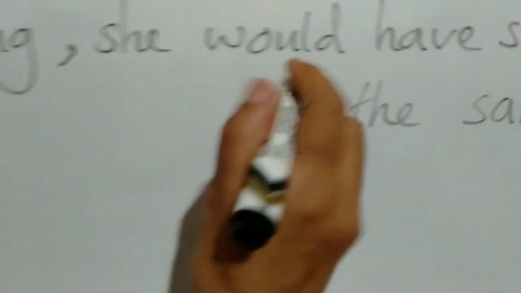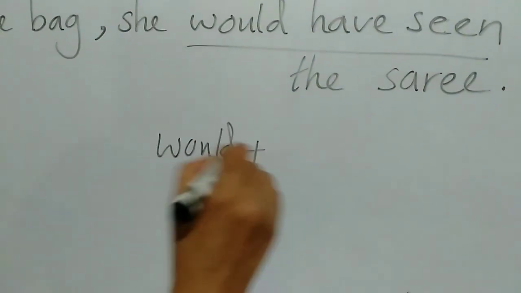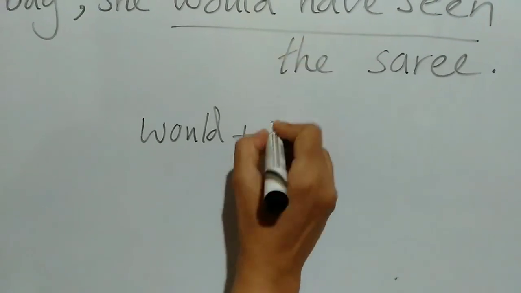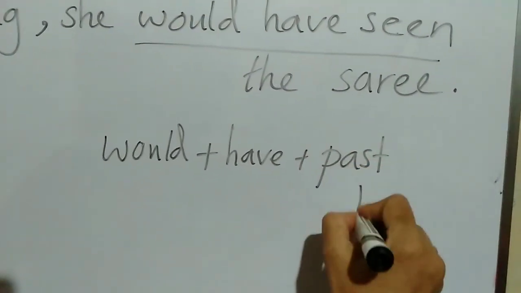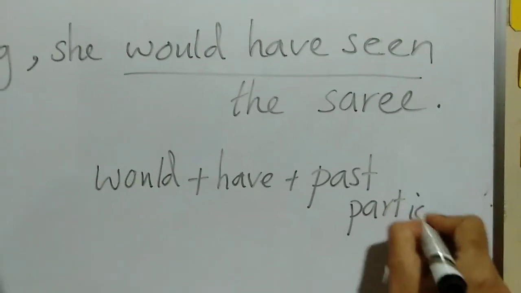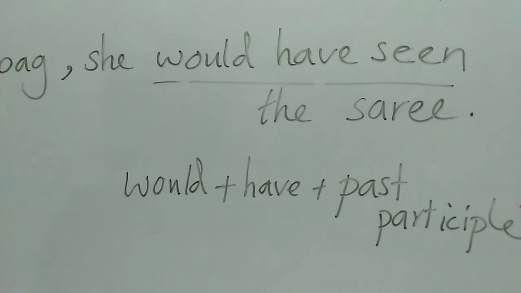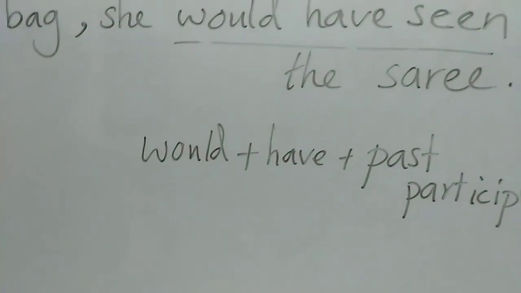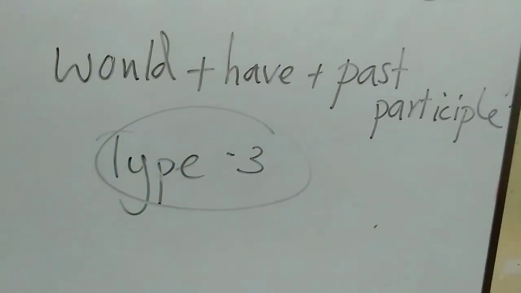When we come to the main clause, would plus have plus past participle. Would plus have plus past participle verb. This is if type 3. You can understand it.